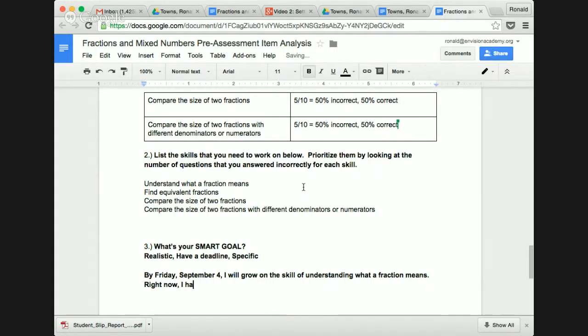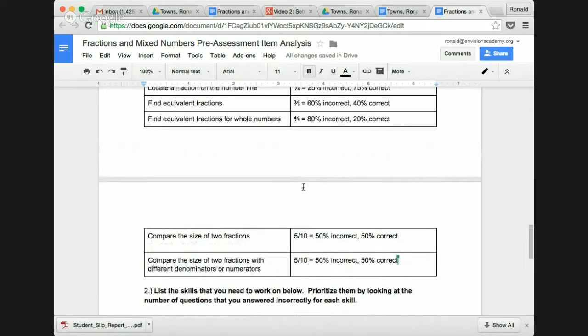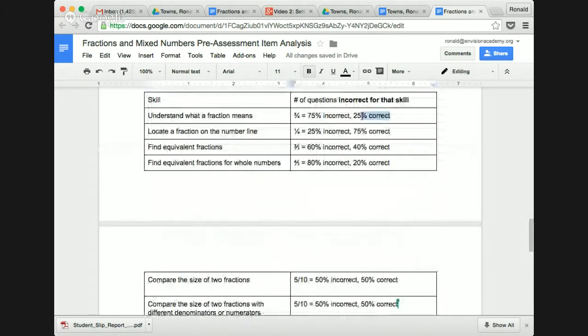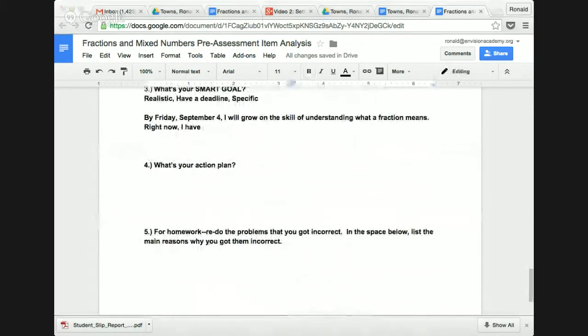Right now, what's my score? I have 25% correct and will improve my score to 60% correct. That's a specific goal. It's realistic, going from 25% to 60%. It has a deadline, Friday, September 4th, and it's very specific.